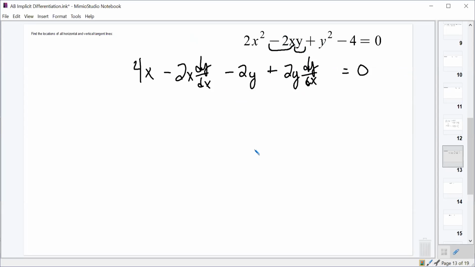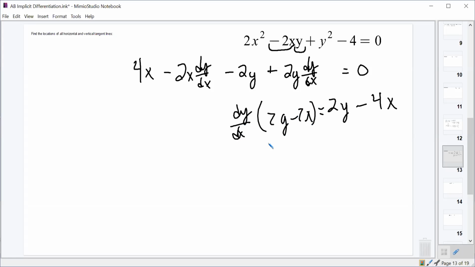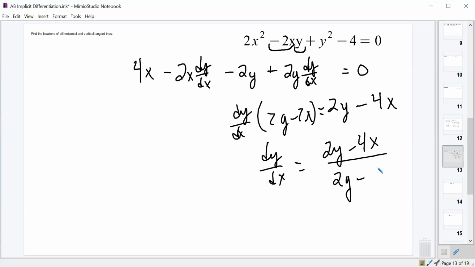All right. So then we'll solve for our dy dx. We can bring the 2y and the 4x to the other side. So we'll have 2y minus 4x over here. And then on this side, if we take the dy dx out, we have a positive 2y and a negative 2x. So our dy dx equals 2y minus 4x over 2y minus 2x.